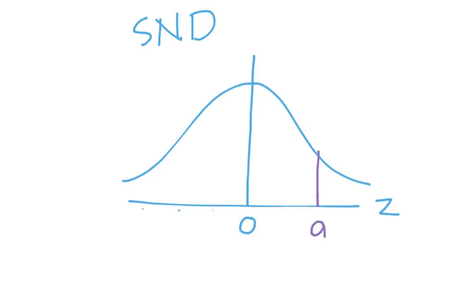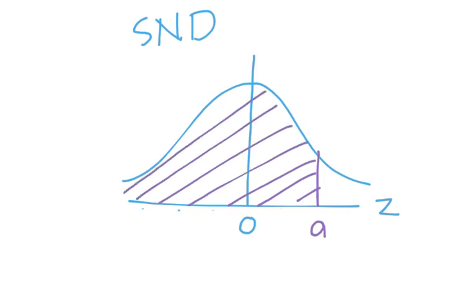The shaded area, which represents the probability, is always the area less than a. That whole probability is what is given to us in the table.